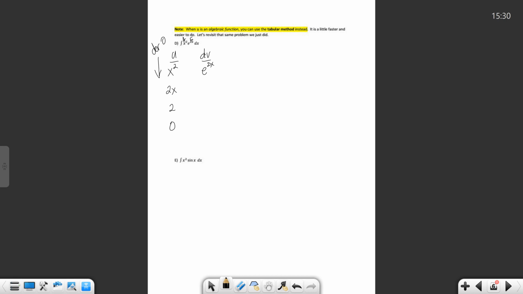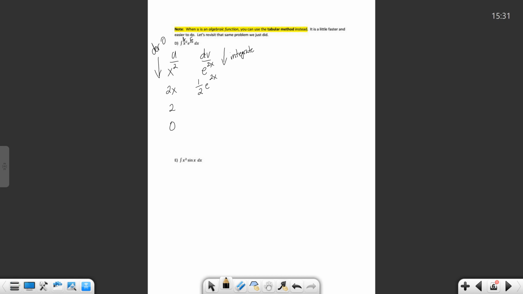That's why we can use it when u is algebra, because if it's an algebraic function, when you take those derivatives, you're going to be able to get down to 0. And then on this side, you're going to even out the columns, but as you go down, you're going to integrate. So I need 3 lines of it. If you integrate e to the 2x, it's just 1/2 e to the 2x.